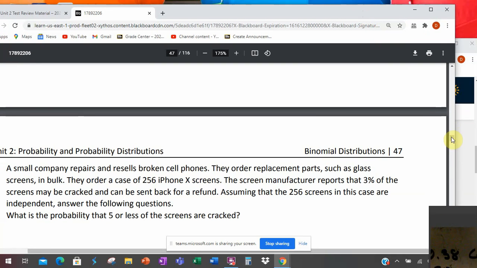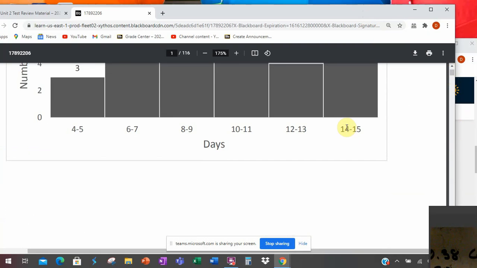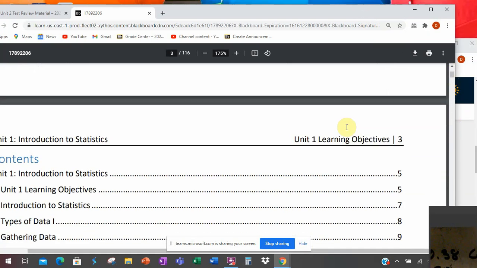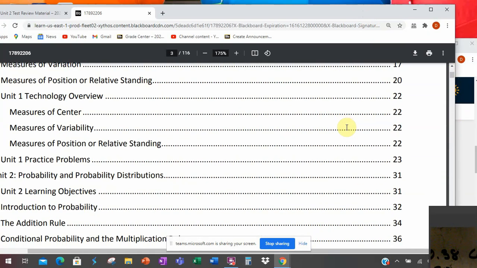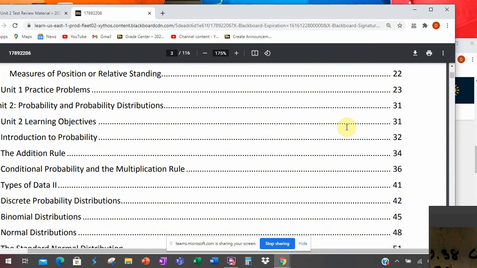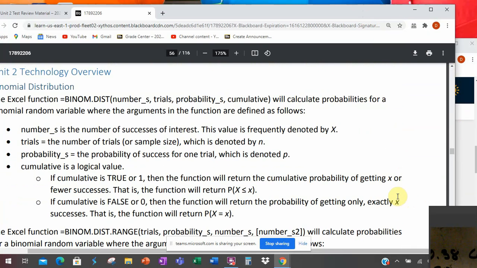Let me reset. .56 is where I need to be. Let me hide this.